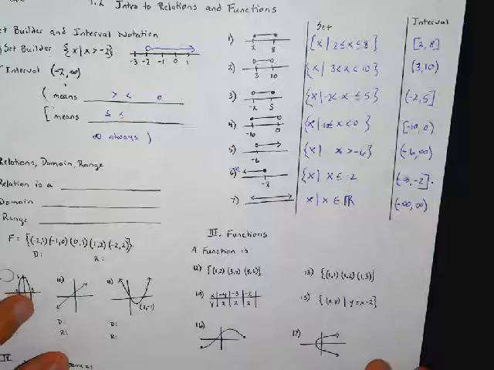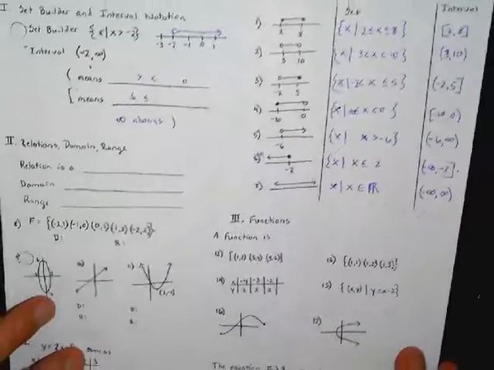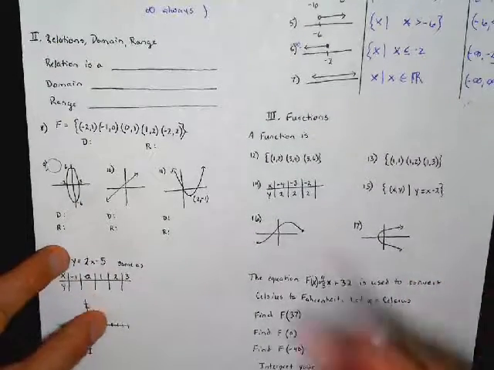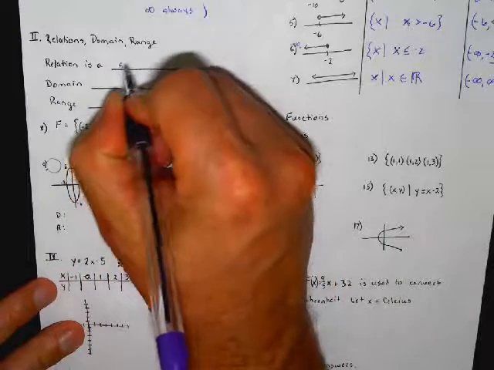Okay, next topic is something you've done many times back in Algebra 1 and Algebra 2. A relation is just a set of ordered pairs.